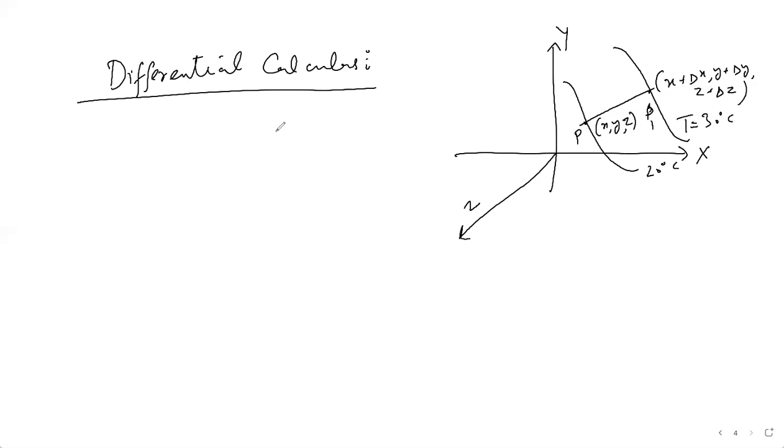And then I said I just want to write the full change in this vector. What exactly happens to your temperature gradient moving from one point to another?